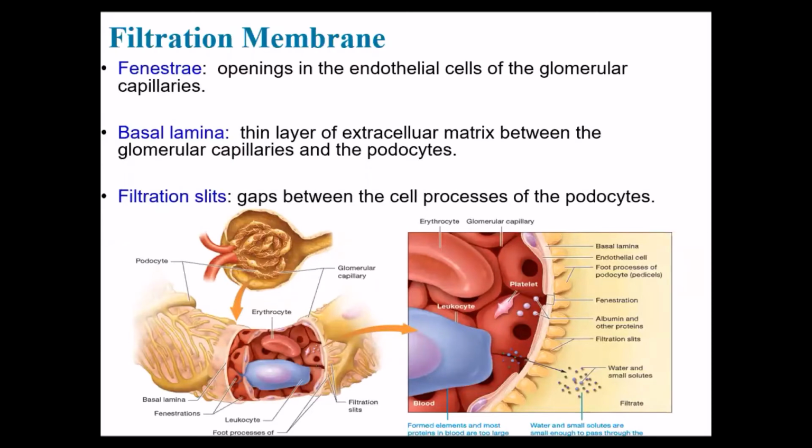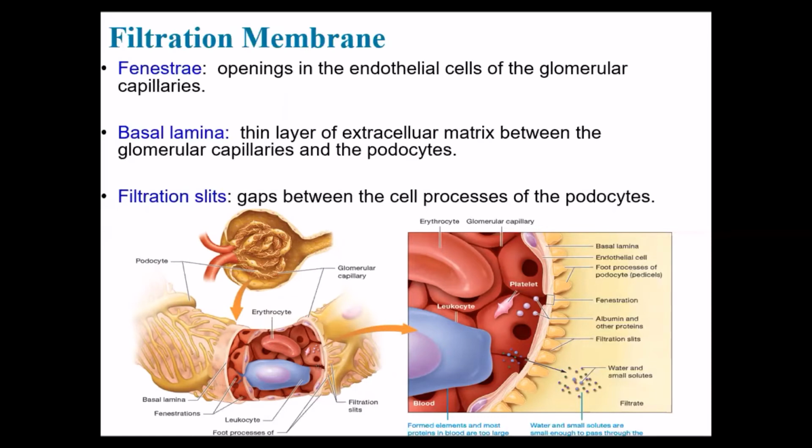So let's talk about that filter. There are really three main parts to creating a filter: the fenestrae, which we've seen before, the basal lamina, and then the filtration slits created by those podocytes. The fenestrae are those same openings, windows, or pores that you find in the capillaries. That allows small things to pass through, and larger things to stay in the blood. If you're filtering your blood, you don't want your erythrocytes, your blood cells, to pass through.